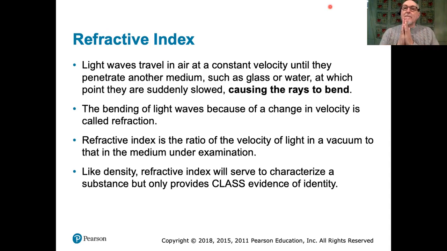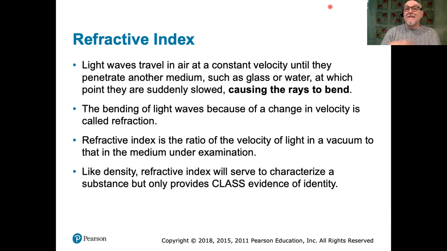And there's a critical thing that happens when light moves from air to glass or from glass out to the air. And that is that this change in velocity of the light causes the light ray to bend. And that bending is called the refraction of light. So glass refracts light. It bends the light waves as light enters it.